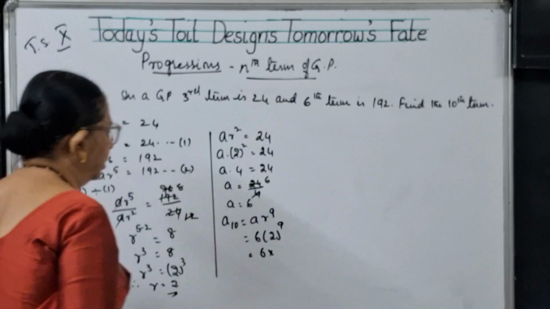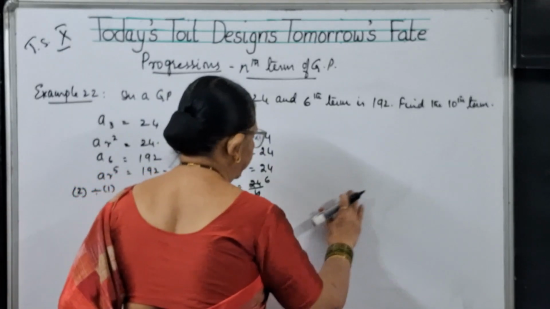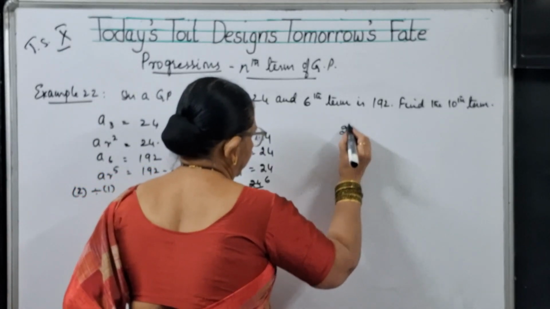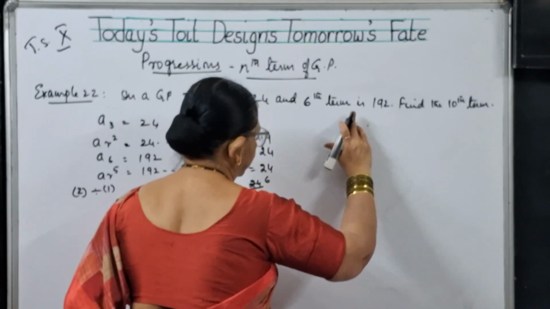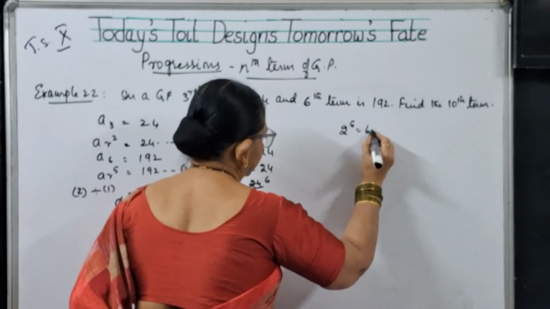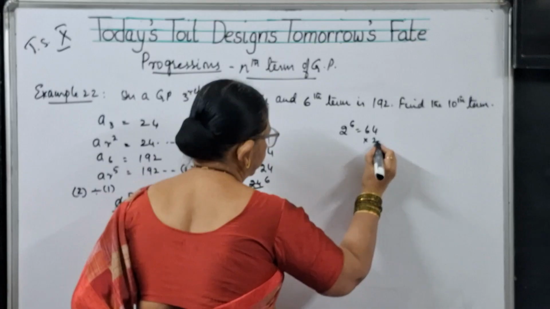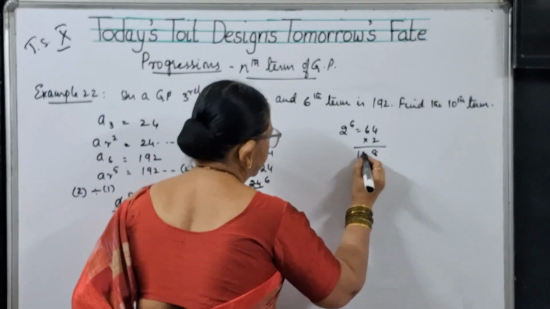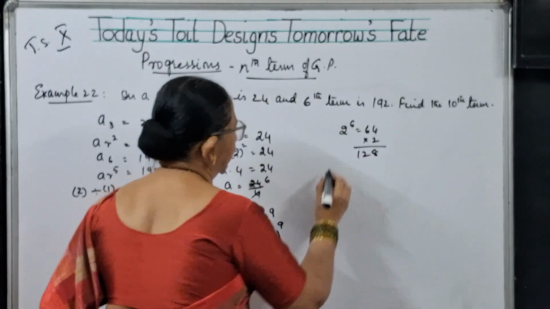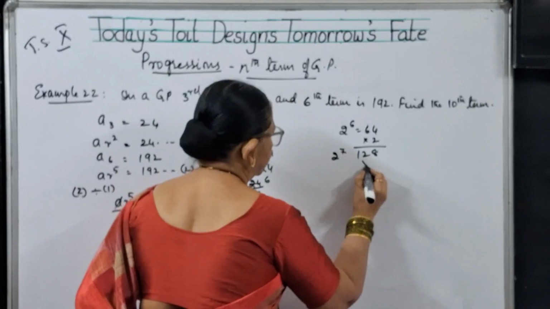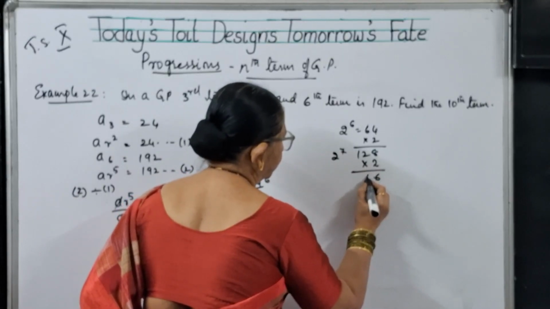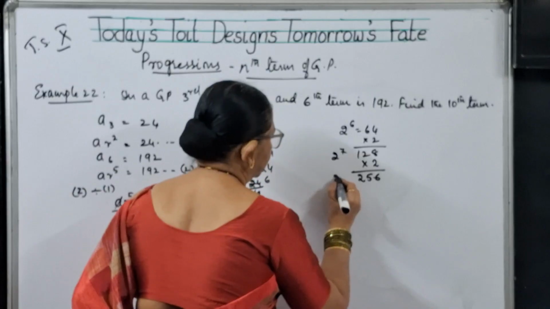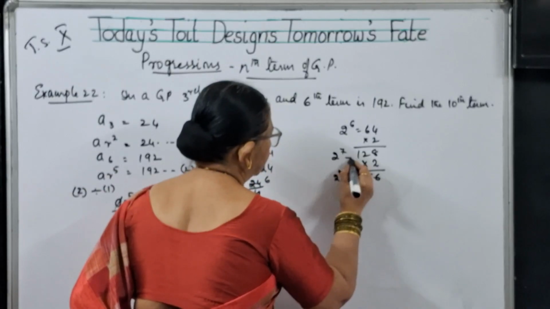Let us multiply 2 five times: 2 to the power of 6 is 64. So 64 into 2, 2 fours are 8, 2 sixes are 12, so that is 2 to the power of 7. Then if you multiply by 2, 2 eights are 16, 2 ones are 2. This is 2 to the power of 8.